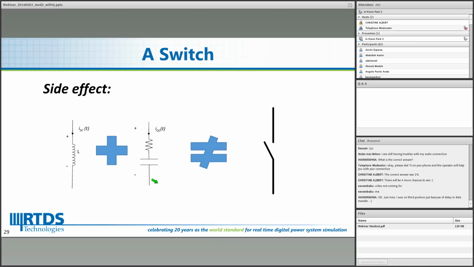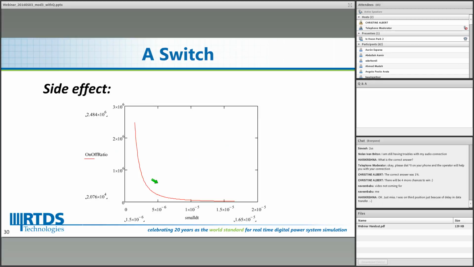But there is no free lunch, and the method comes with its own side effects. All of us know that a combination of L and C is not equal to a real ideal switch. One of the side effects coming from that approach is a time step size restriction. Many people consider that about a 1 million ratio between on impedance and off impedance is necessary to depict the true behavior of a switch.